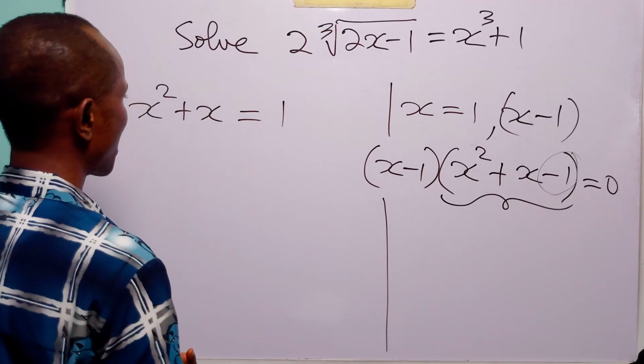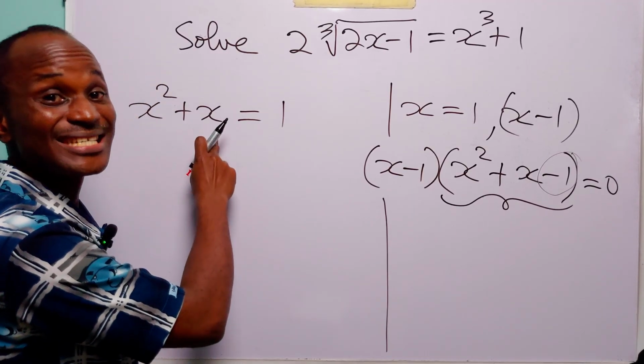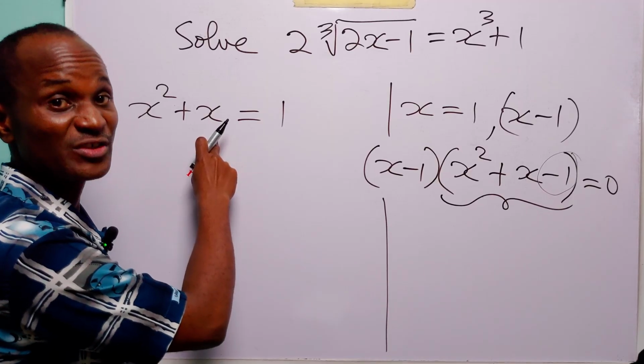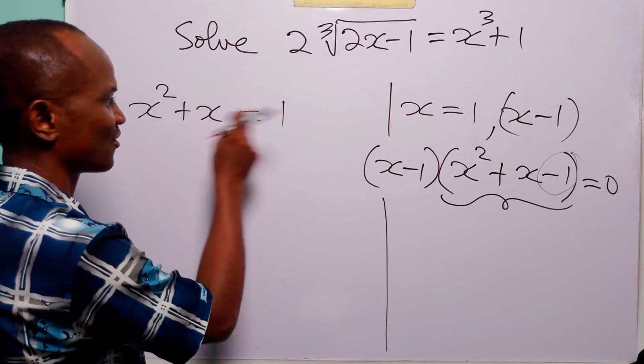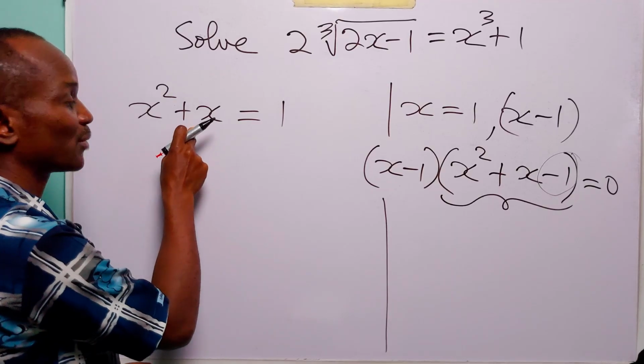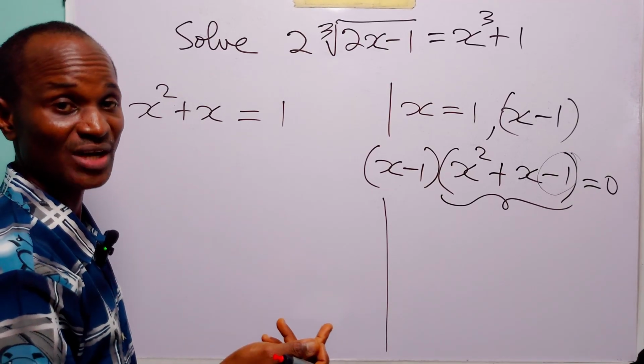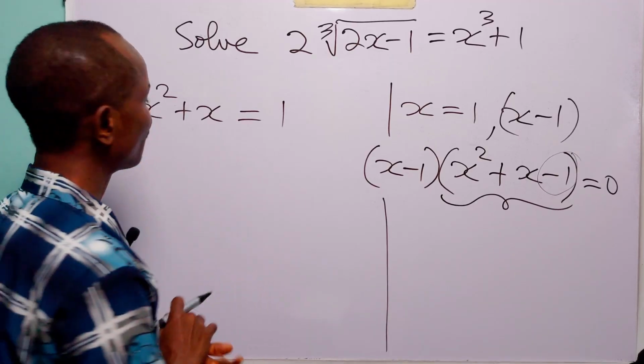When we do that, we have 1. The next thing we are going to do is that we will add the square of half the coefficient of x to both sides of this equation. Now, what is the coefficient of x? It is plus 1. What is half of it? Half. The square of that is 1 over 4.